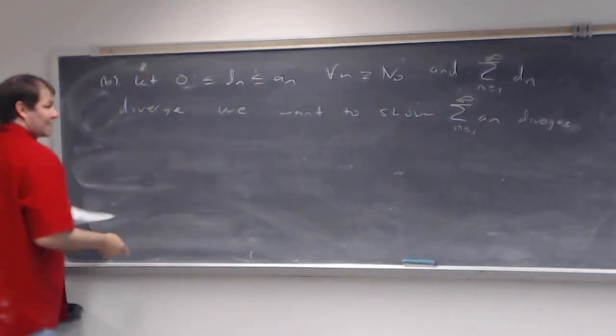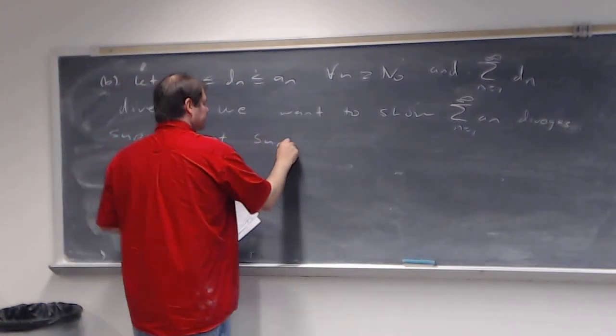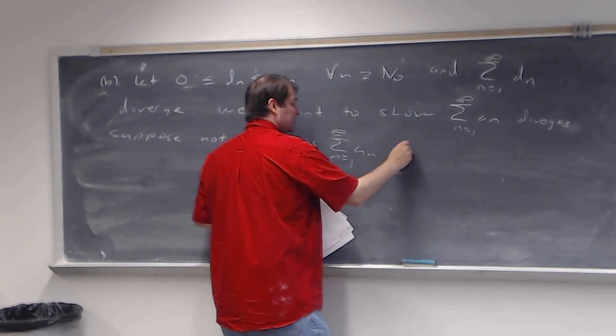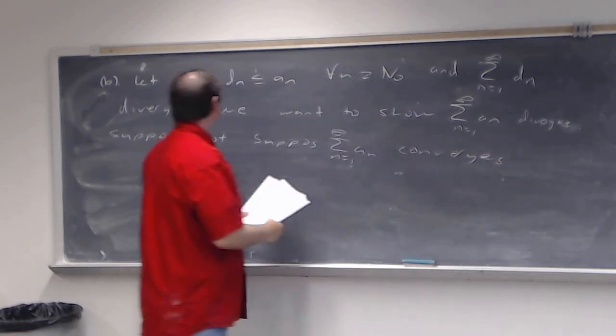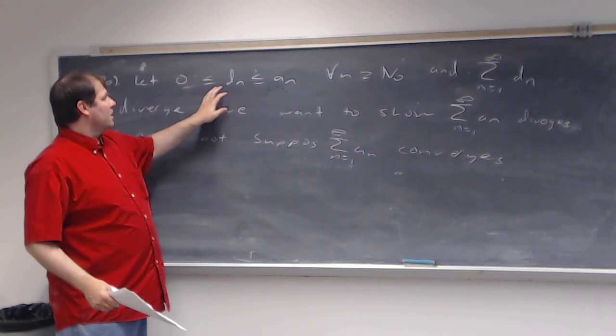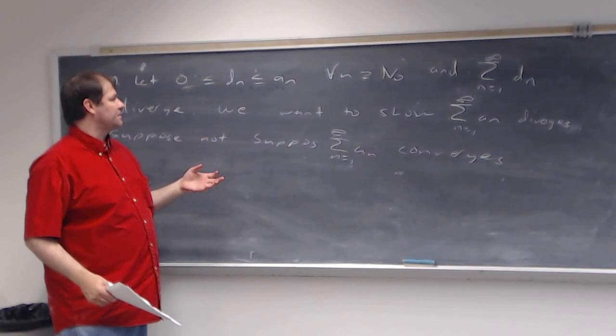Well, we're going to do this by contradiction. So suppose not. Suppose this series of the a sub n's converges. Okay. So we have these a sub n's converging, and we have this inequality for all n bigger than or equal to this n sub naught.